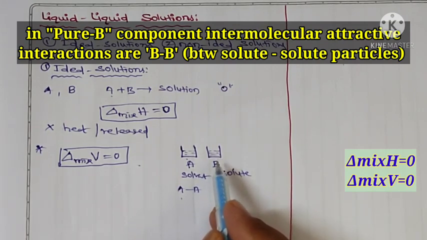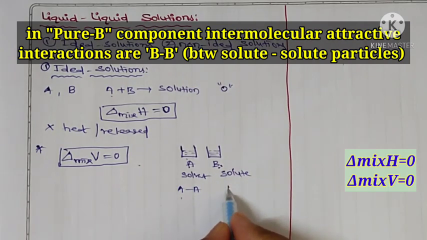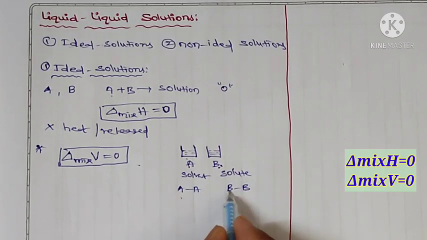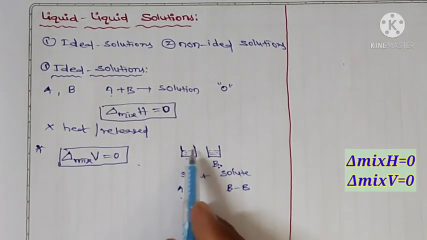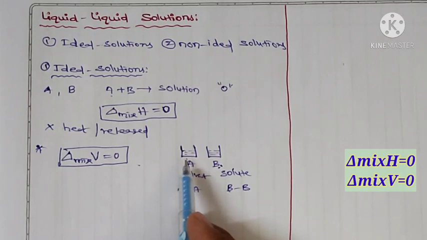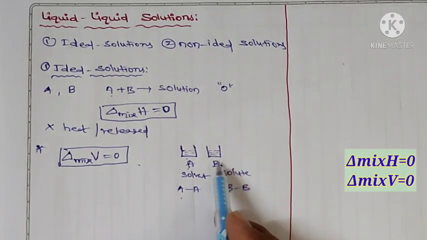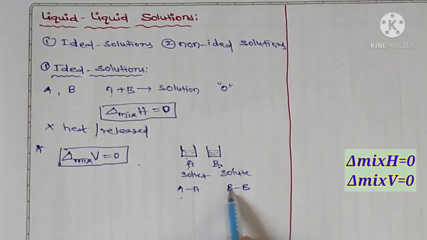In pure component B, the intermolecular attractive interactions are B and B, meaning between solute and solute.